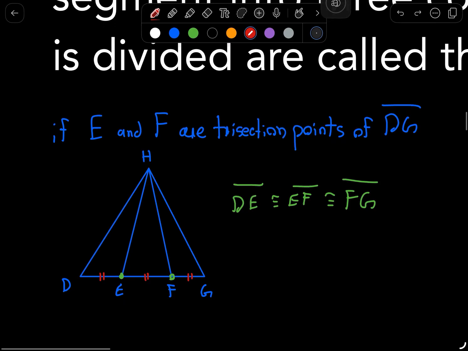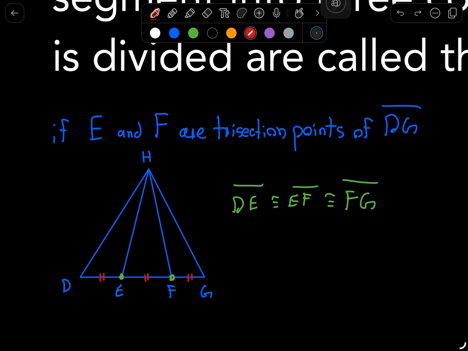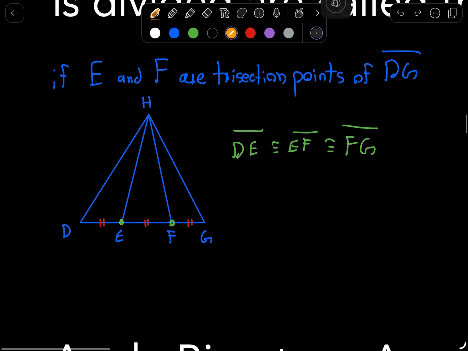In this figure, we have point E and point F as the trisection points of DG, the segment on the bottom. If E and F are the trisection points, that means they are doing the dividing.